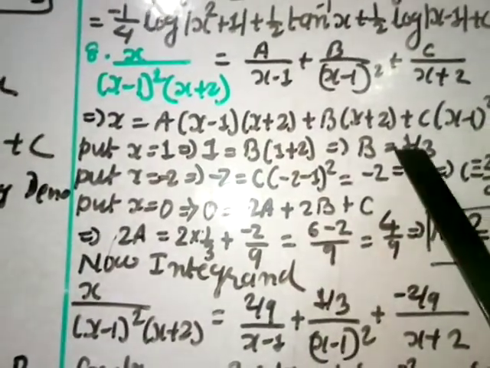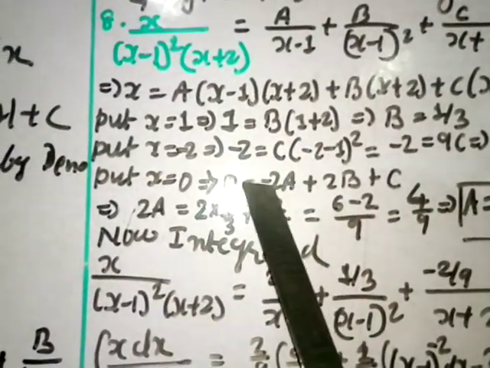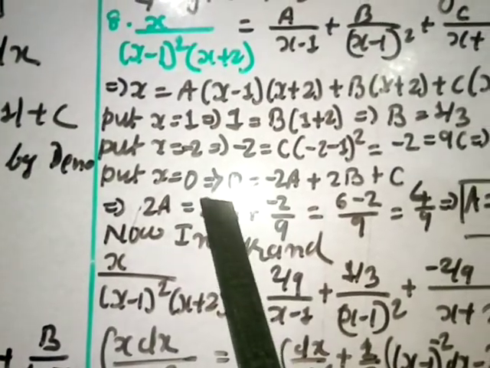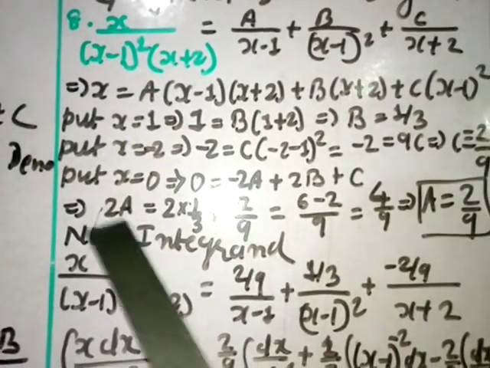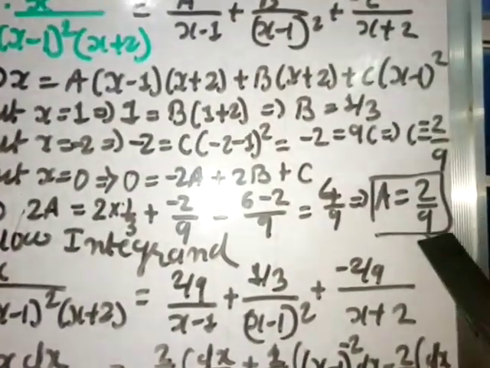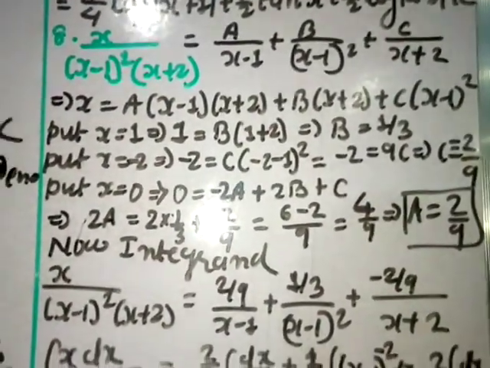Now put the b value 1 by 3 and the c value minus 2 by 9. I have put c here and the minus 2 transfers here as plus. Here the LCM is 9, so you get 6 minus 2, that is 4 by 9. And this 2 is there, so you transfer the 2 and you get the a value as 2 by 9. So a is 2 by 9, b is 1 by 3, and c is minus 2 by 9. All 3 values are found.